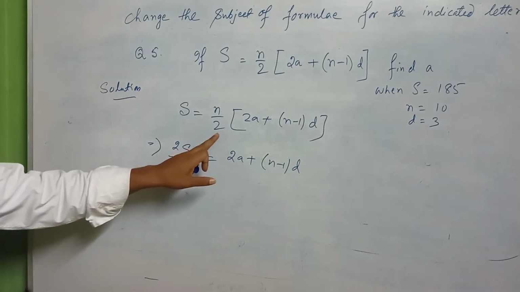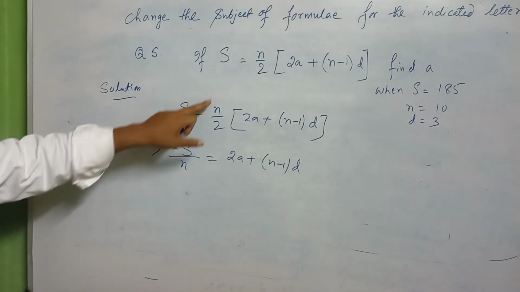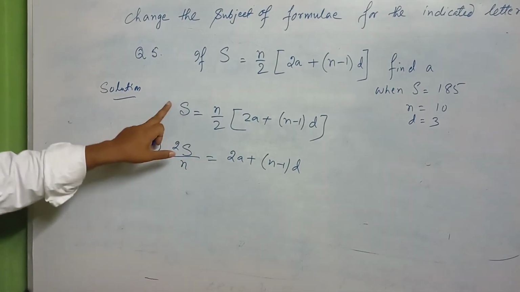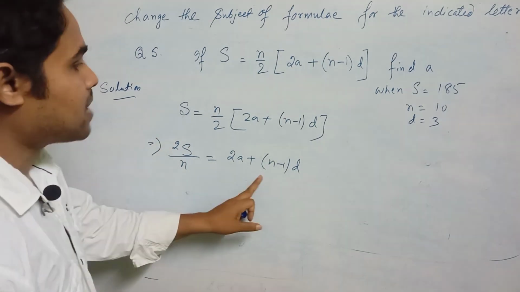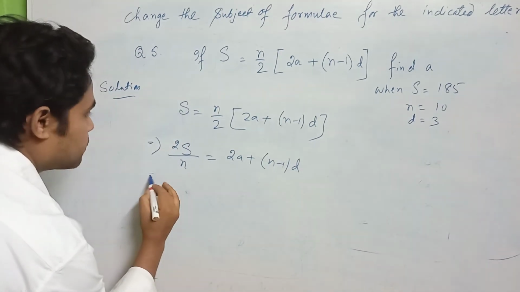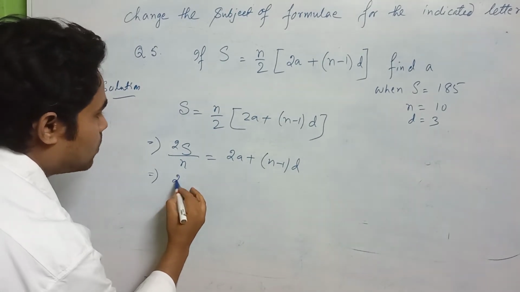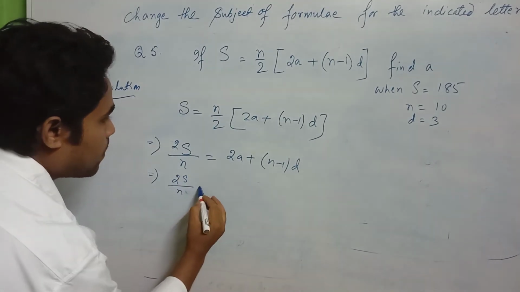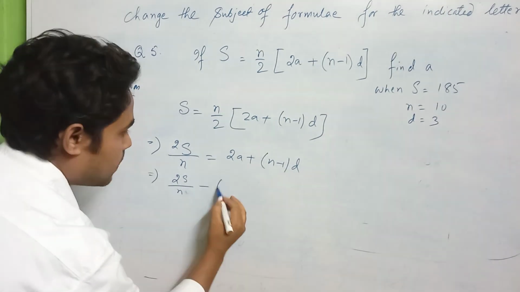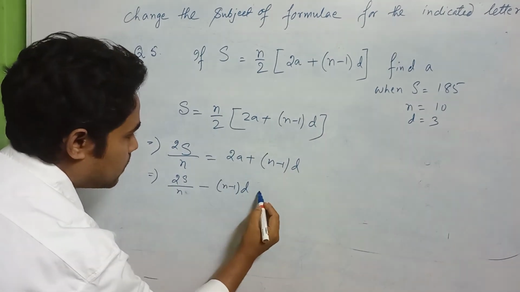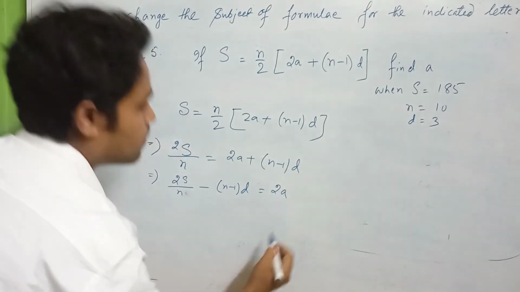What I did over here? I did cross multiplication. N comes down and 2 goes up, equal to 2A plus N minus 1 D implies 2S by N minus this part, N minus 1 D, equal to 2A.